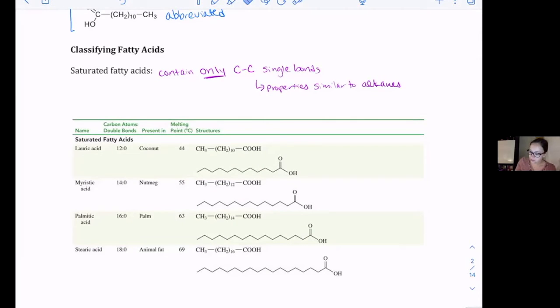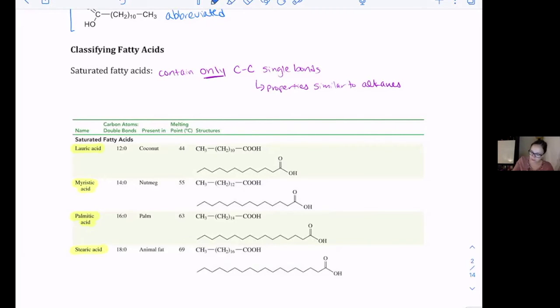So we have all of these names here: lauric acid, myristic acid, palmitic acid, and stearic acid. These are the common fatty acids that are saturated, so they're only carbon-carbon single bonds in that long chain.